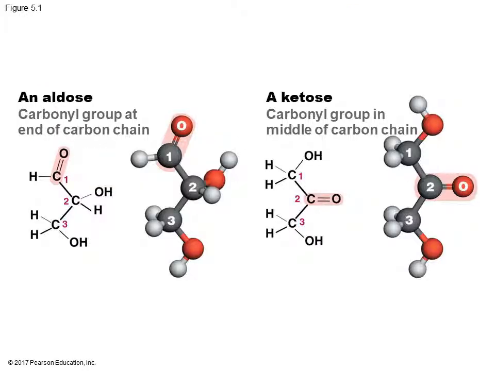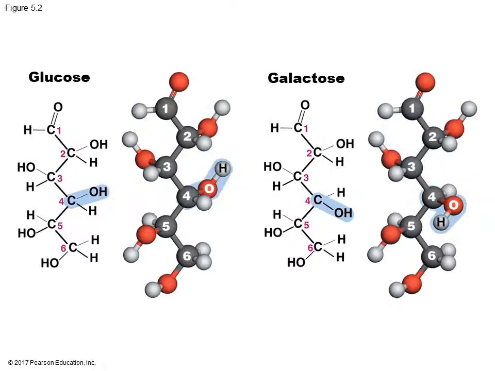I love figure 5.1 because here you can see the difference in the placement of the carbonyl group. Notice an aldose has the carbonyl group at the end, where ketose has it in the middle. This looks like a beautiful test question. In the next figure, figure 5.2, we see the difference between glucose and galactose. Notice that both glucose and galactose have 6 carbons as a backbone.